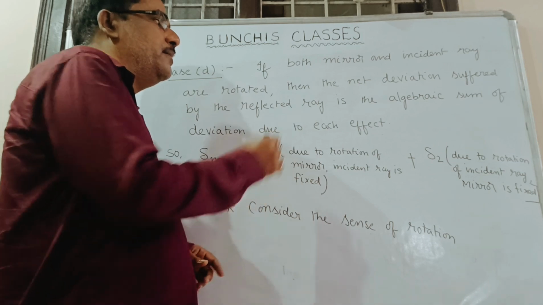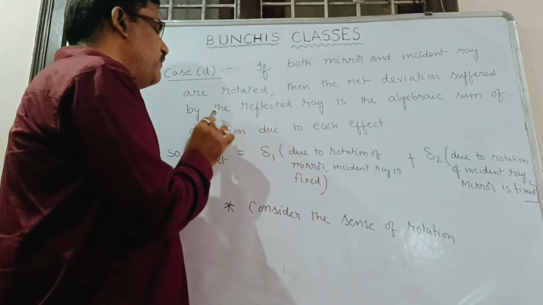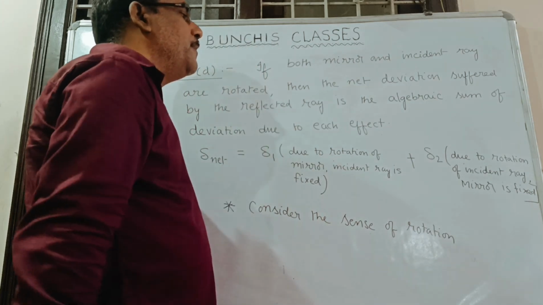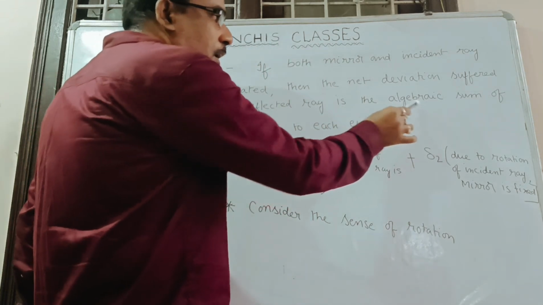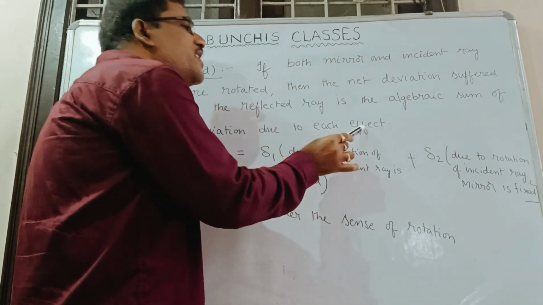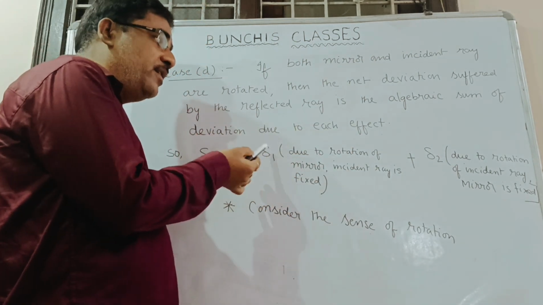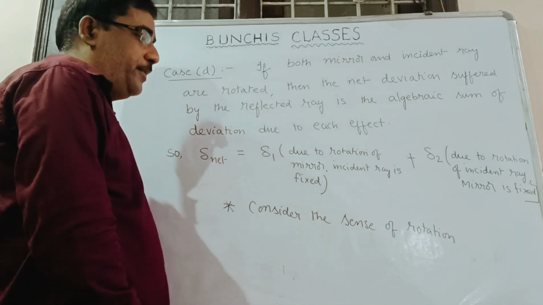Then what will happen? Then the net deviation suffered by the reflected ray is the algebraic sum of the deviation due to each effect. We have to consider the deviation in each single effect.